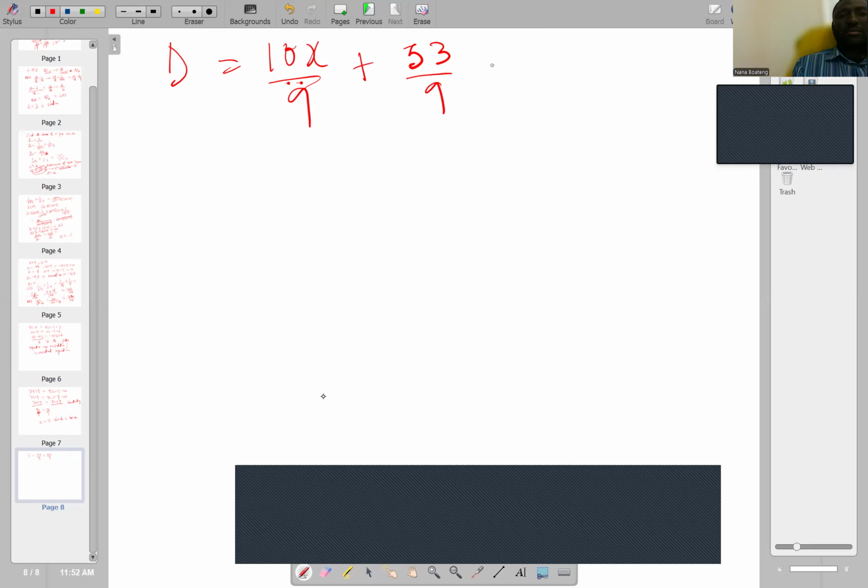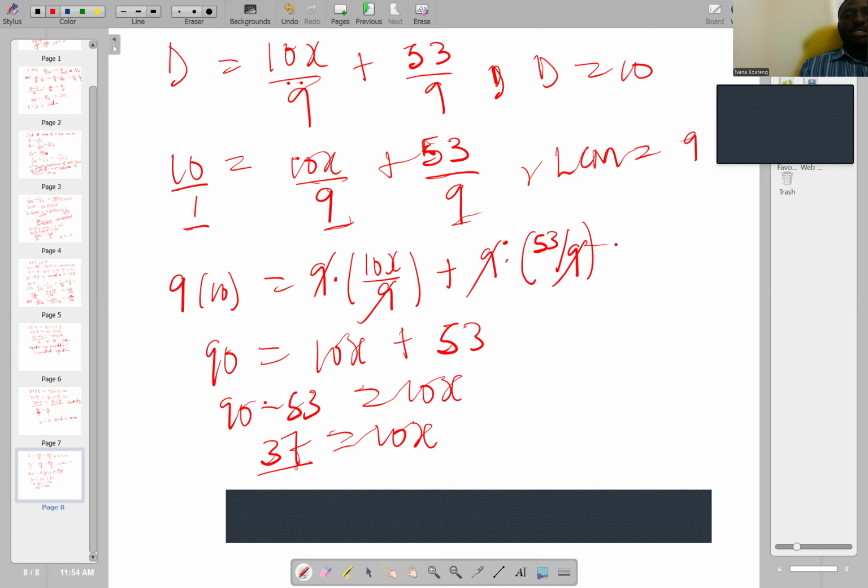Let me see whether I made a mistake in here. So 37 is equal to 10x. If we divide both sides by 10, you see that x is equal to 37 divided by 10.